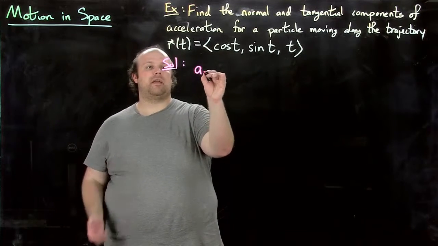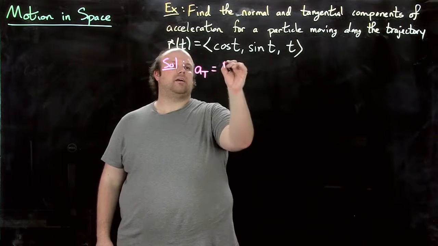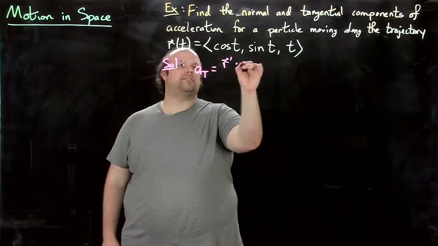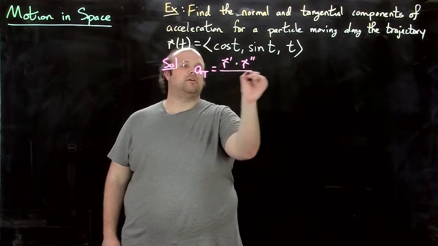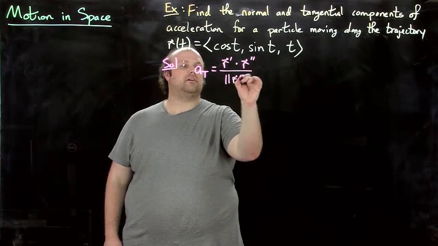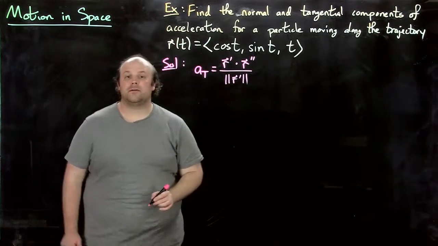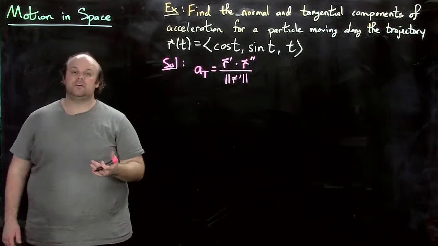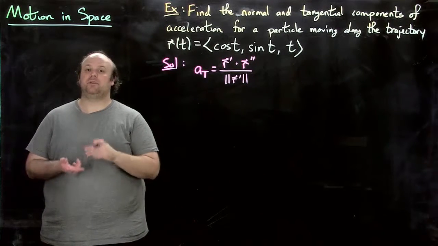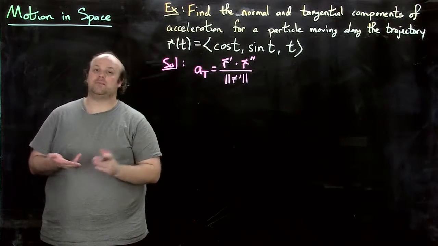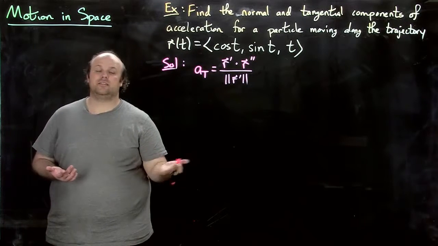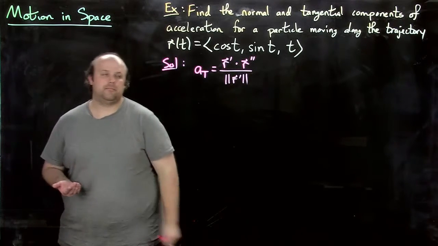So remember, AT is given by r prime dot r double prime over the magnitude of r prime. Once we have that, now we just have to compute r prime, compute r double prime, and take their dot product, and then take the magnitude of r prime.